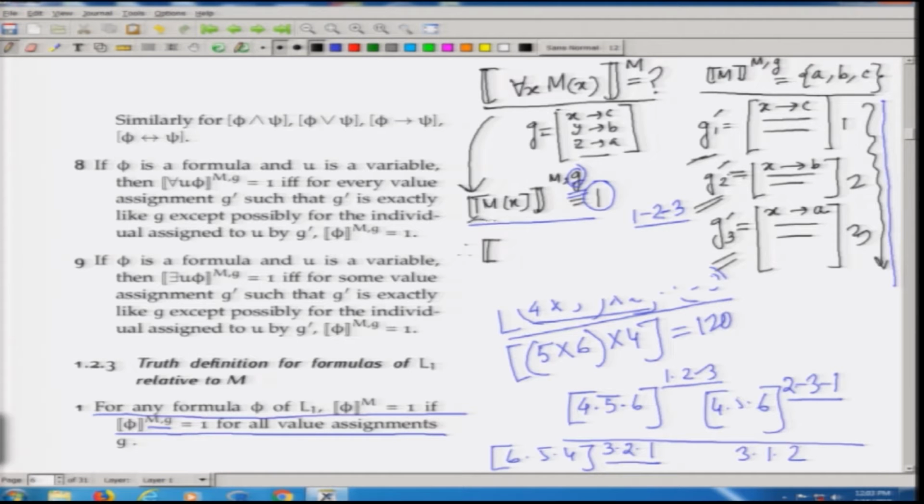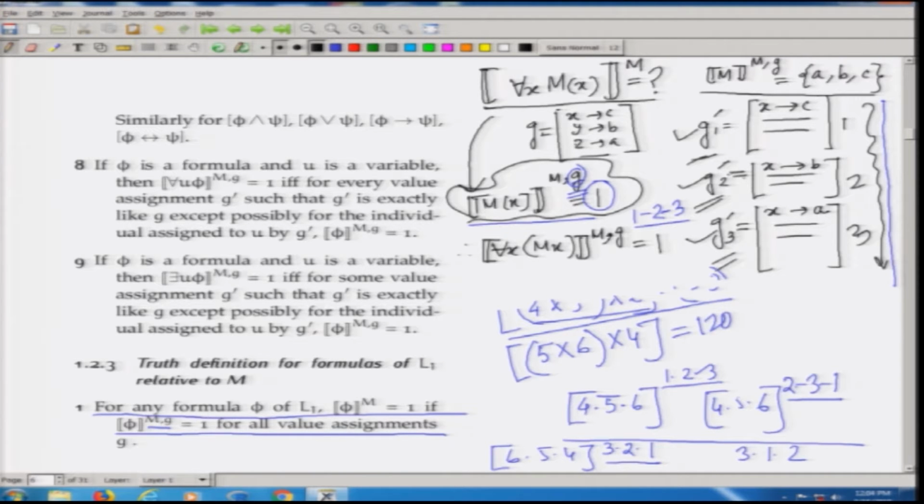So that is what we have seen, we have calculated for each and every value assignment, this, this and this, phi which is our mx is 1. Therefore we say that all x mx is 1 with respect to m and g.